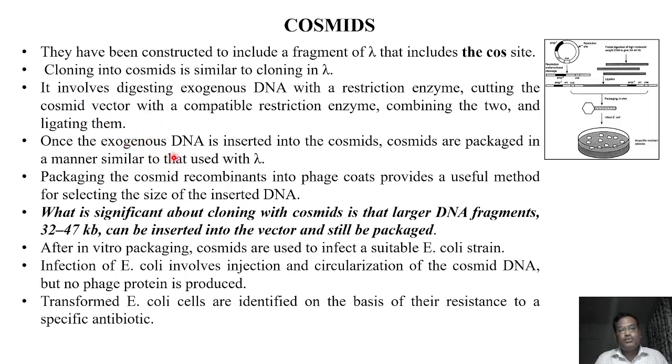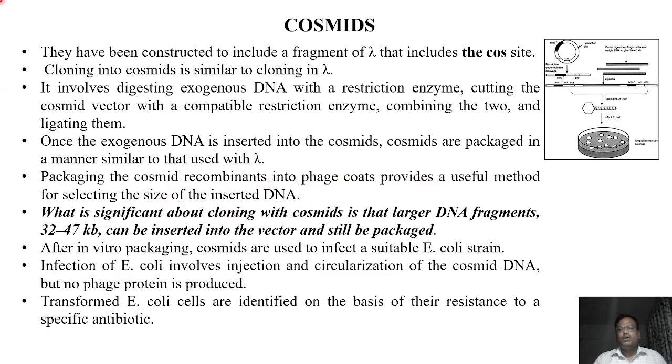Once the exogenous DNA is inserted into the cosmids, cosmids are packaged in a manner similar to that used with phage. Packaging the cosmid recombinants into phage coats provides a useful method for selecting the size of the inserted DNA.